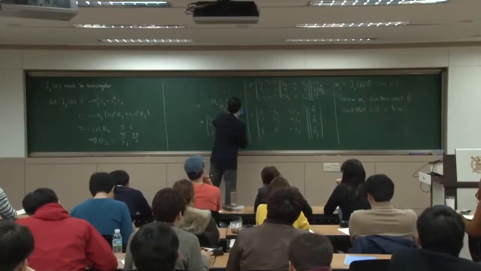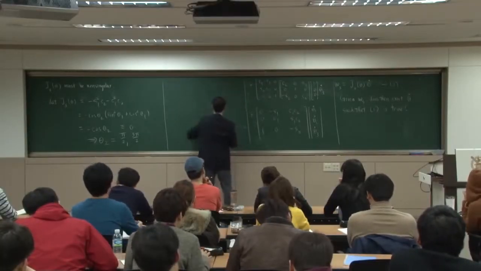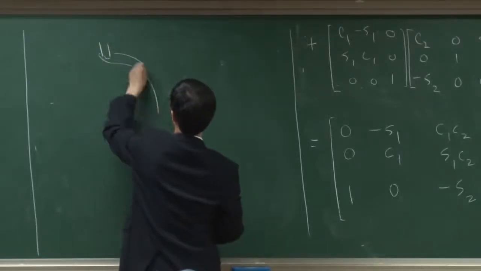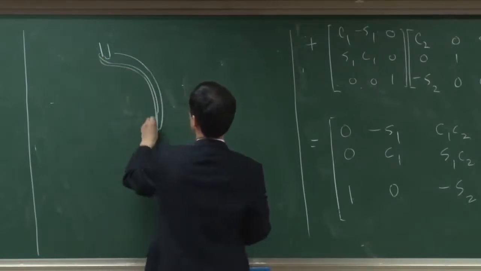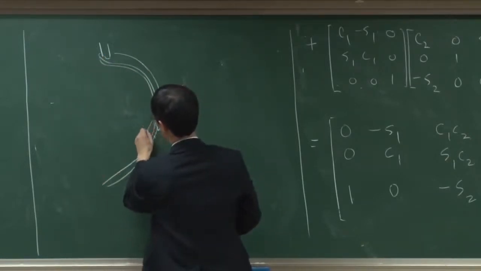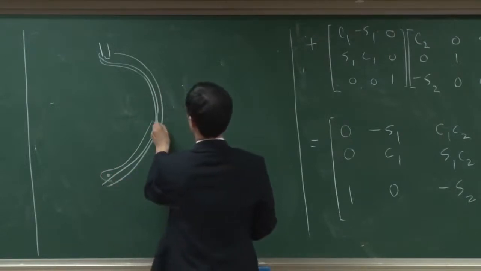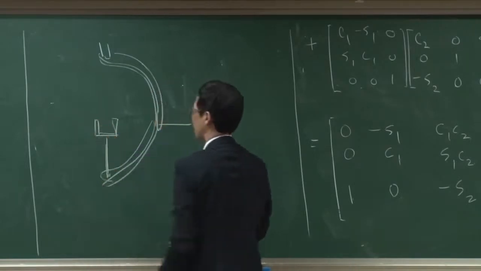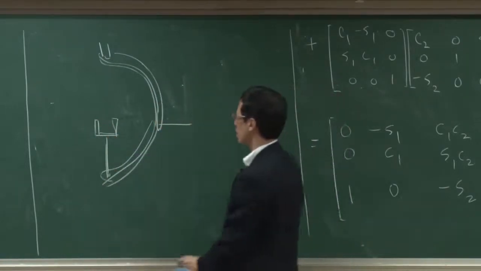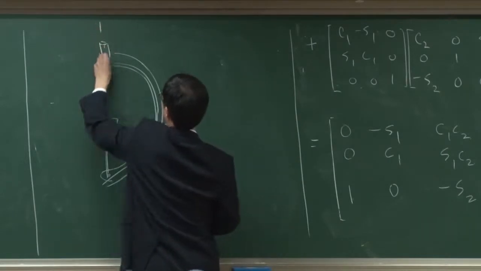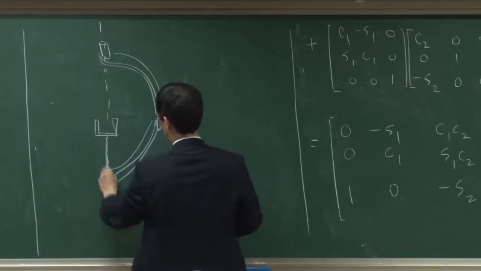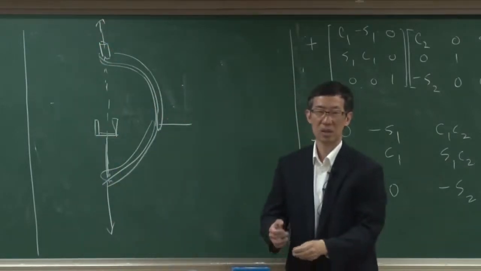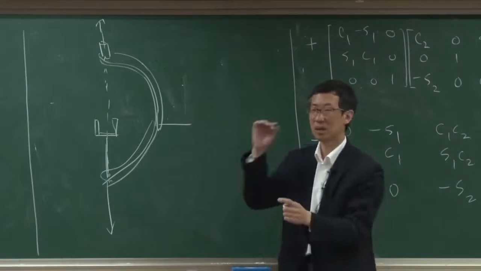So let me draw that wrist again. This time we're in this configuration. So this axis and this axis all line up. Joint axis 1 and joint axis 3 are collinear.